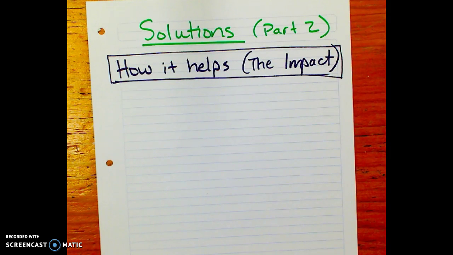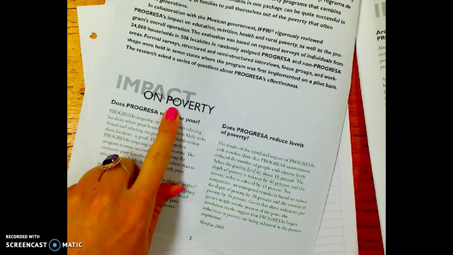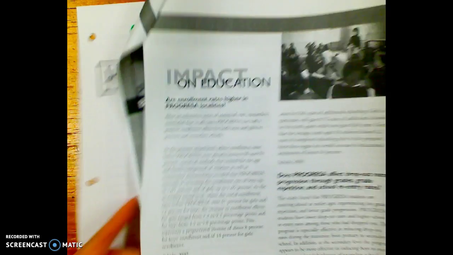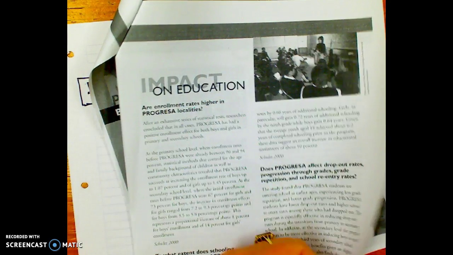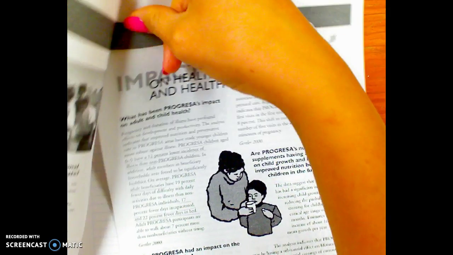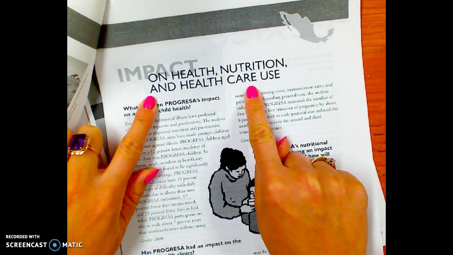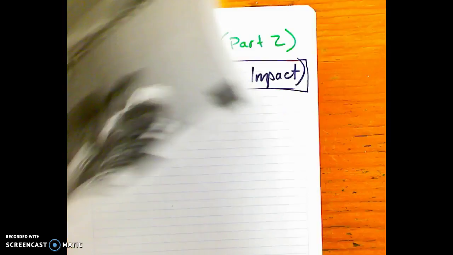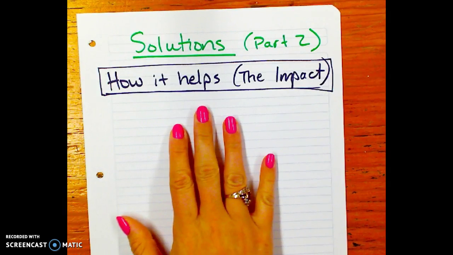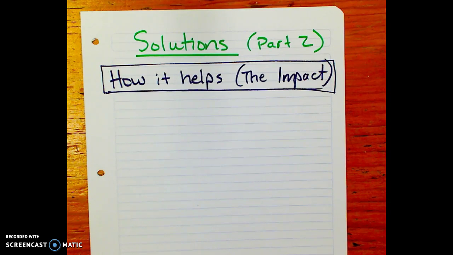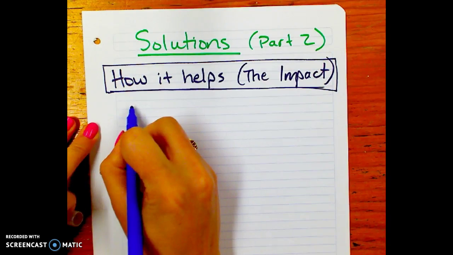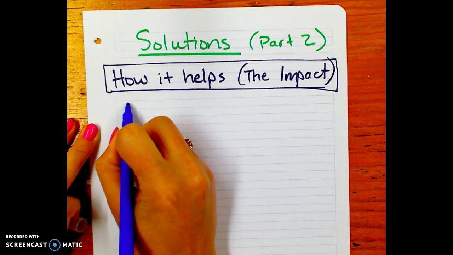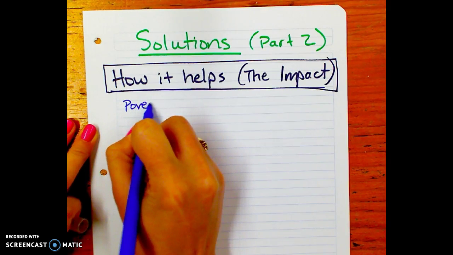And remember, I told you about the different categories in this article. It discusses not just the impact on poverty, but it specifically discusses the impact on education, and it discusses the impact on health, nutrition, healthcare, and families. So what I might do actually for this is break this into sections. So I might actually think about this in three ways, like the general impact on poverty.